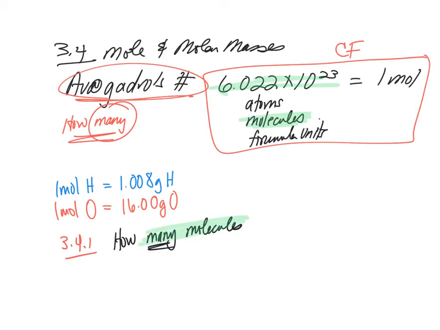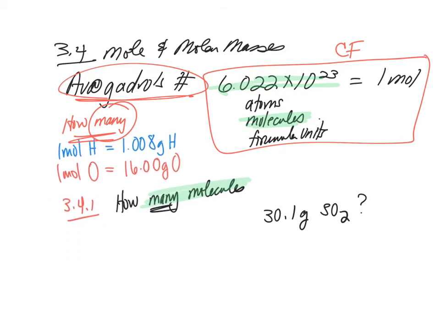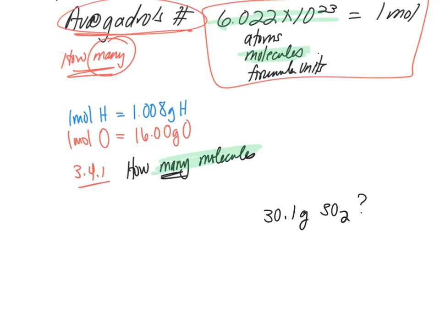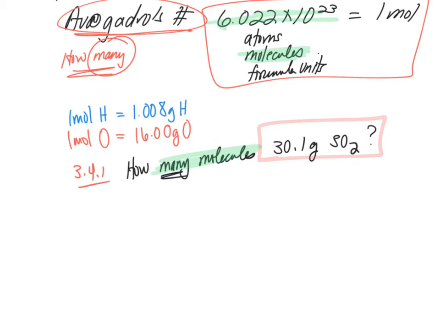That's how you know you need to use Avogadro's number, are in 30.1 gram of sulfur dioxide. So that's your given, folks. You always start with the number and the unit. I call that the given, and this is your starting point.